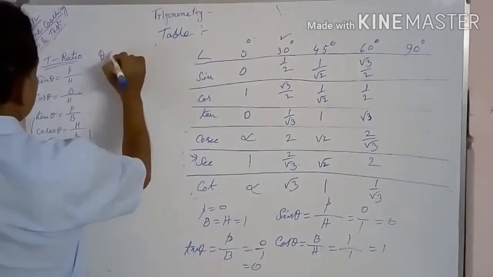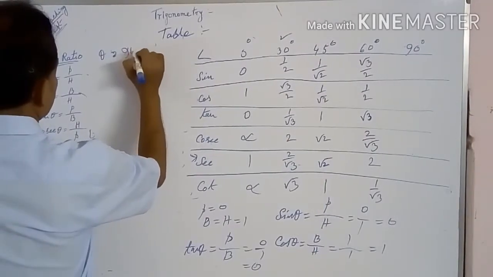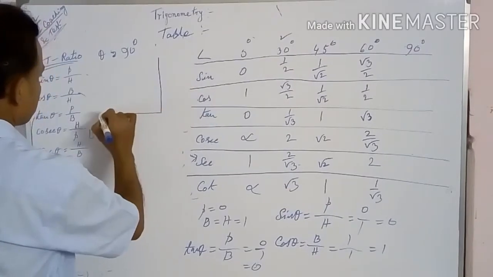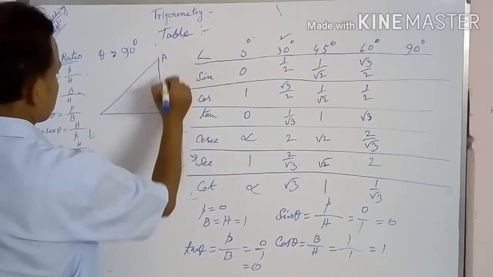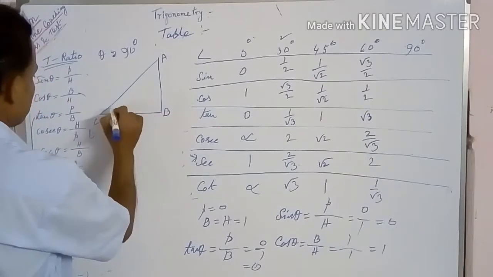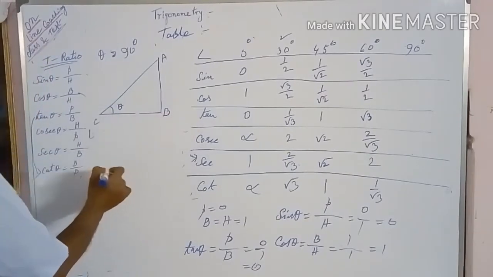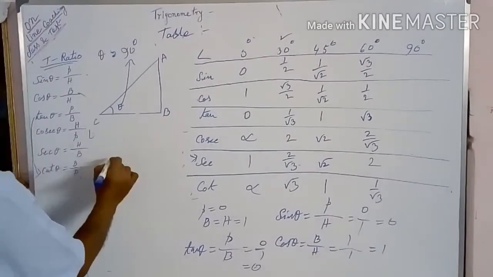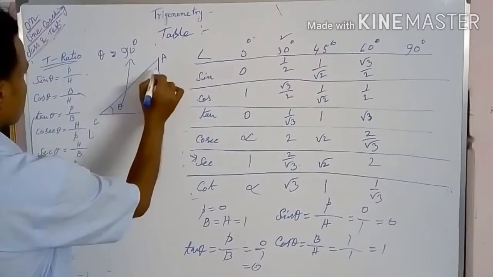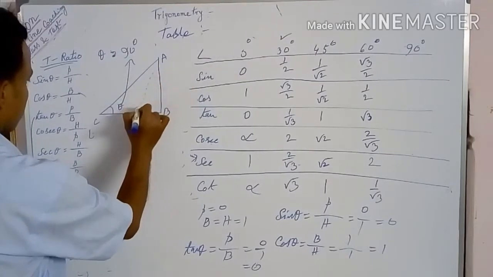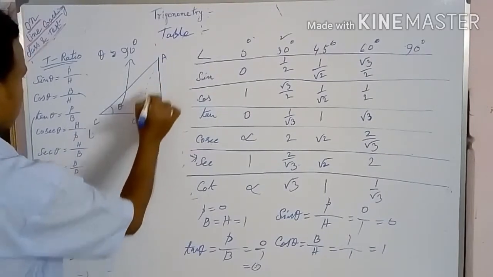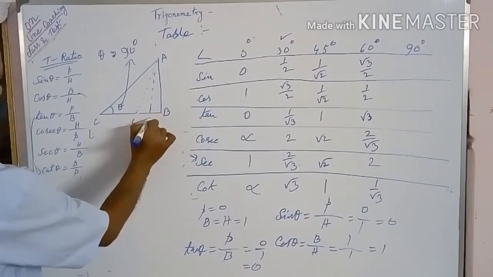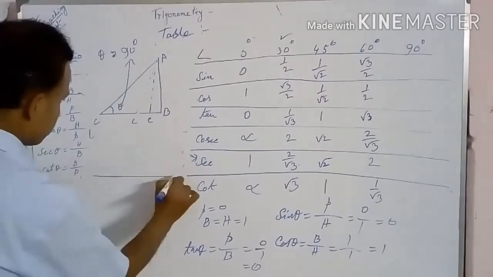Now 90 degree. This theta will be shifted to 90 degree. How can it be possible? If C moves here, then here, and after that it coincides here, like this.